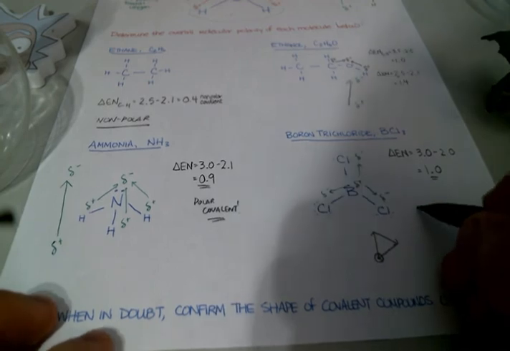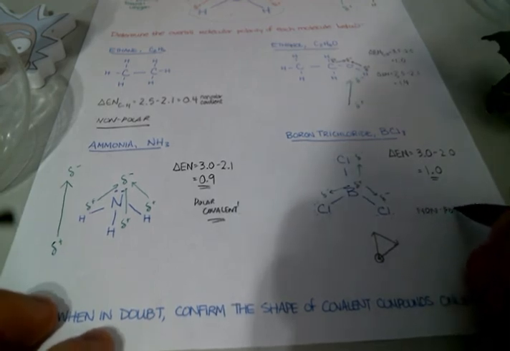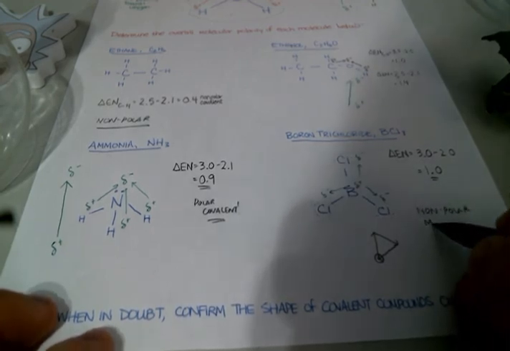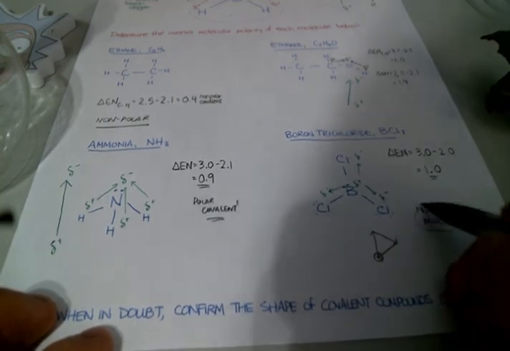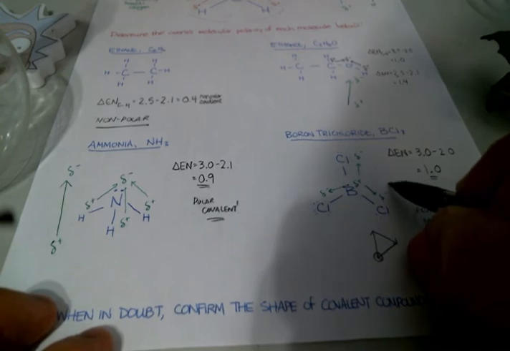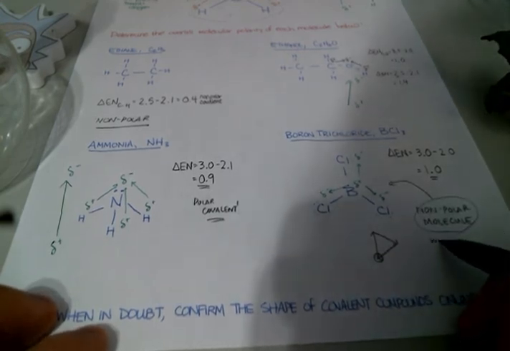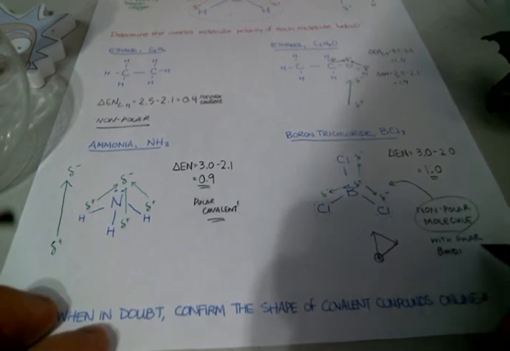So this is actually a non-polar molecule. But that doesn't mean a non-polar molecule can't have polar bonds inside. So it's a non-polar molecule with polar bonds that essentially cancel out.